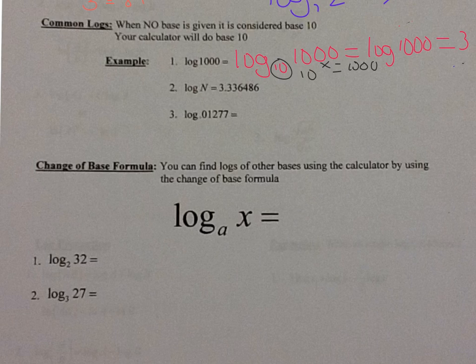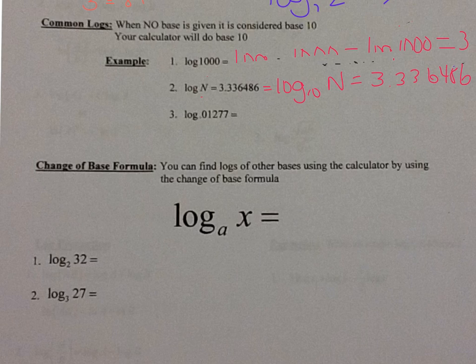All right, let's take a look at number 2. So a tiny bit different. So no base is written, so there's really a base 10 there. So this is saying 10, remember these guys switch, to the 3.336486 power. You can't actually read that, so let me rewrite it. So no base written is really base 10. So this is log base 10 of n is equal to 3.336486.